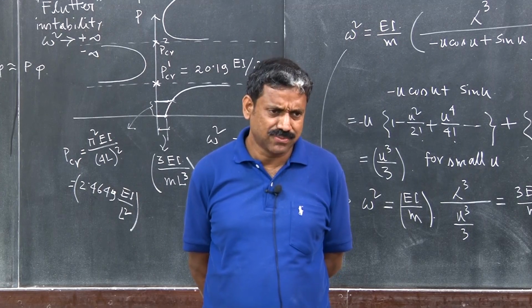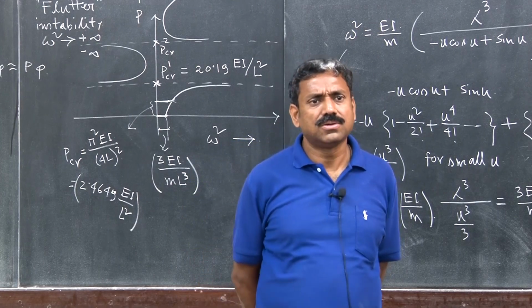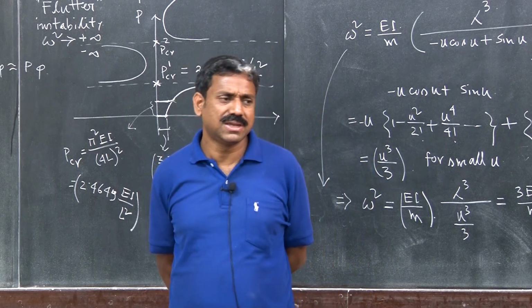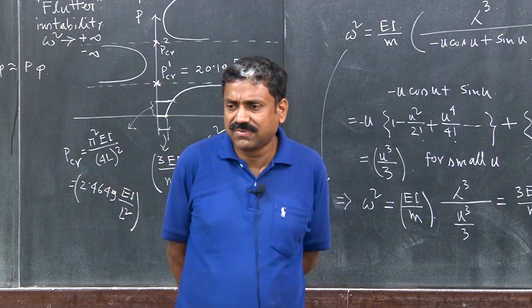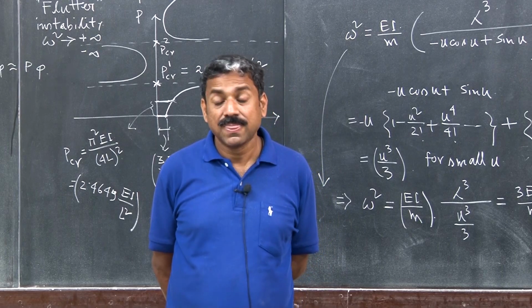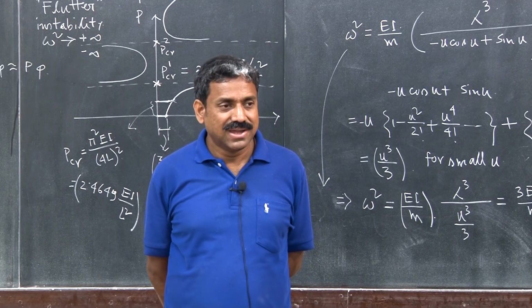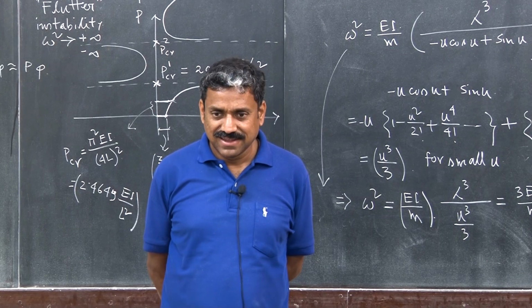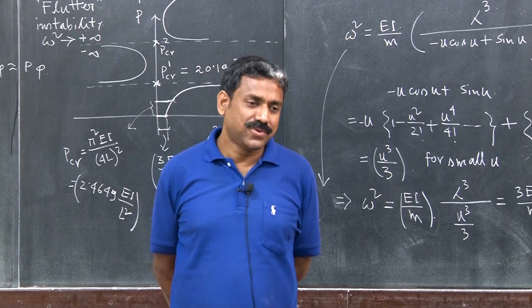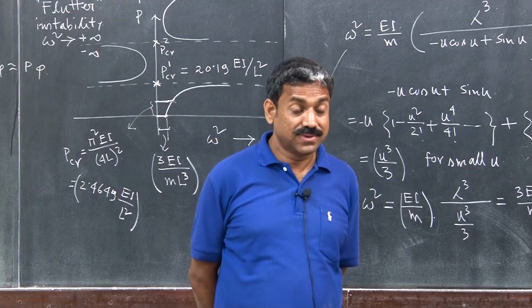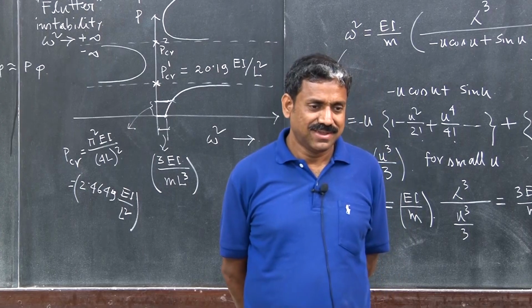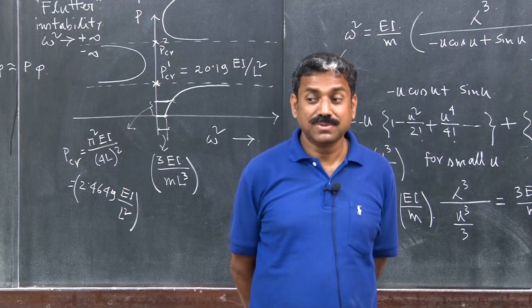We have demonstrated that both from the beam column equation as well as by formulating it in terms of the stiffness matrix, the finite element matrix method, right? At critical load, it virtually erodes all the stiffness. And if there is no stiffness, then what is the frequency? Frequency becomes 0.